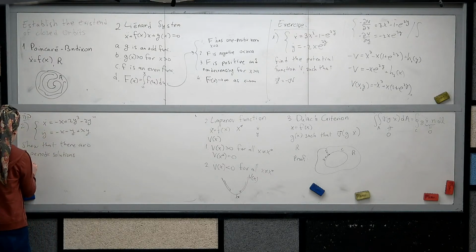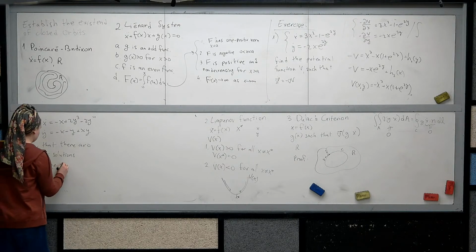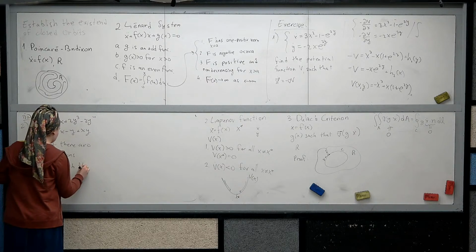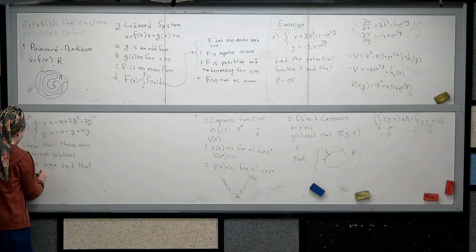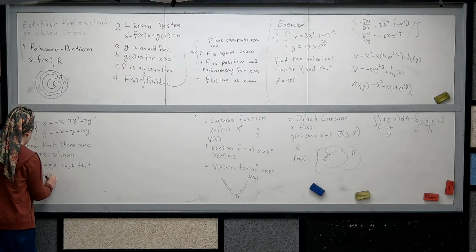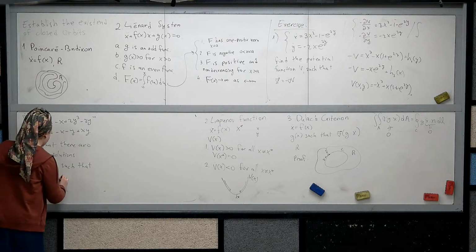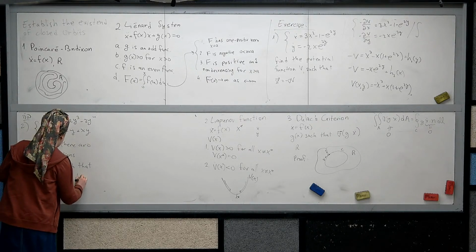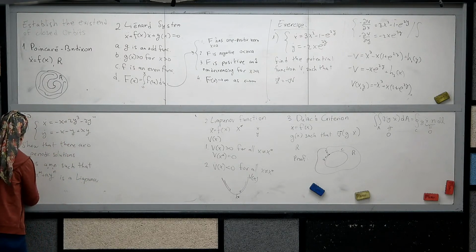Okay, choose a and n such that V is of this shape and is a function.